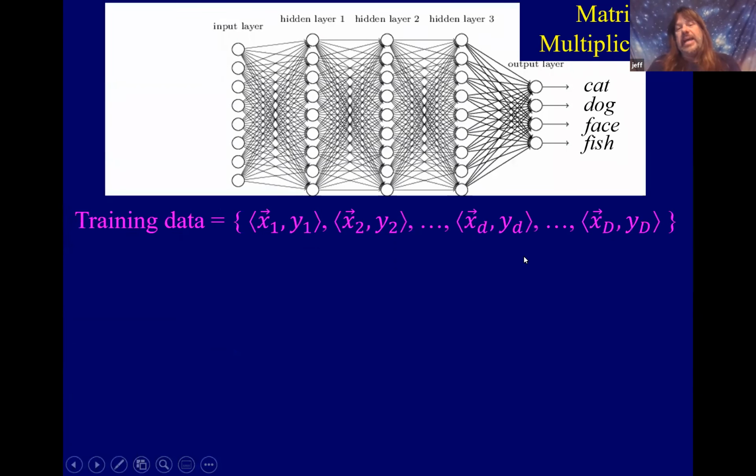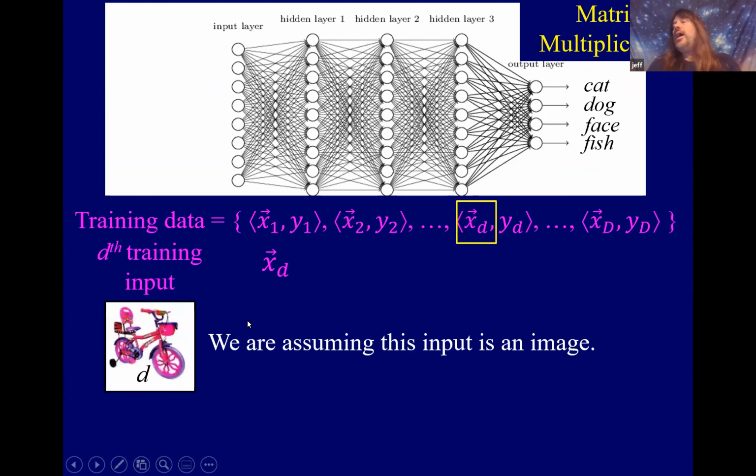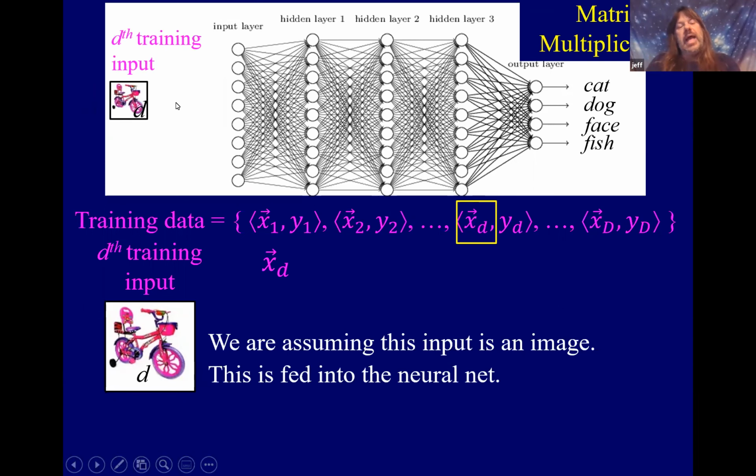So let's see what we can do. Here's all our training data. Let's have an index D, which will pick out the Dth training data. When you're doing matrix multiplication, what's key is to know what all your indexes are. So we're going to start by thinking about all our indexes. Index D tells us we're talking about the Dth training data. And what are we going to do with that training data?